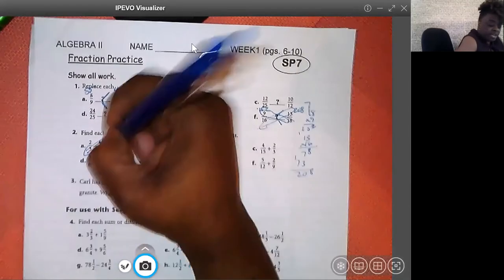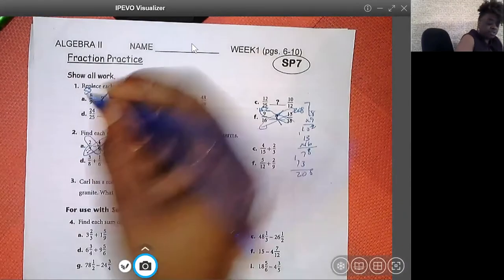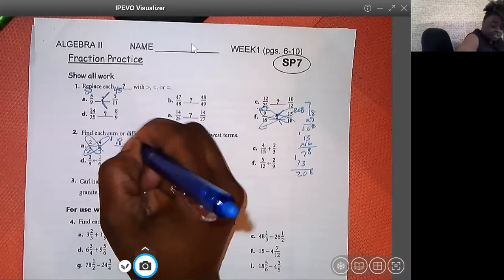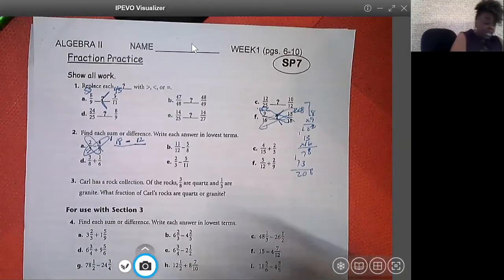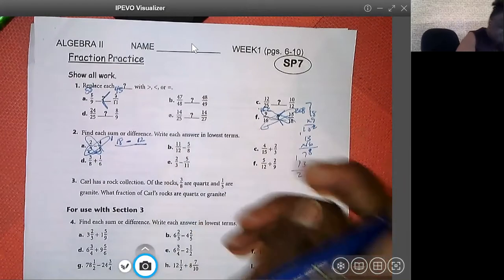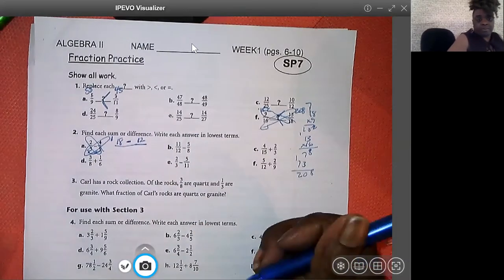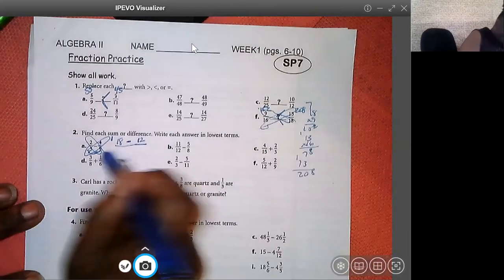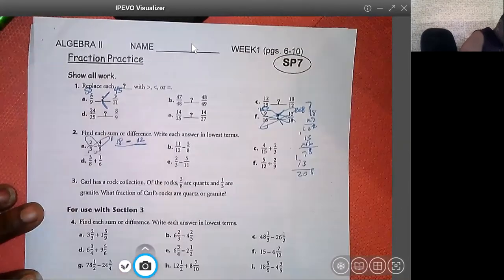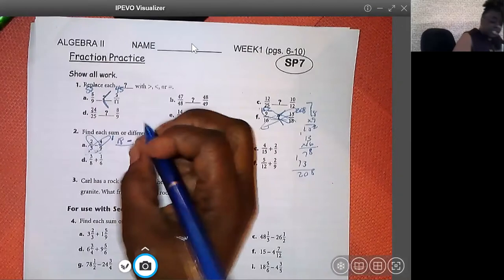And then you go 9 times 2, which gives you 18. There's a subtraction sign, so you keep that. And then you do the product of the denominators, which gives you 3 times 9, which is 27.